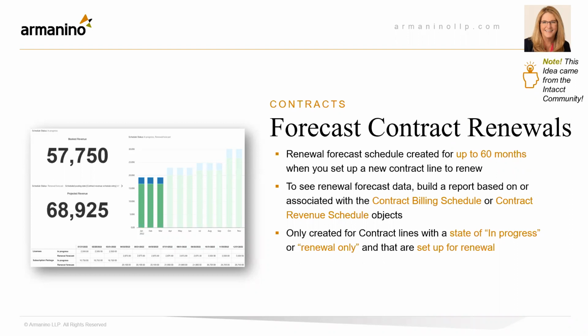To see renewal forecast data, you're going to build a report based on or associated with the contract billing schedule or contract revenue schedule objects, and only created for contract lines with a state of in progress or renew only that are set up for renewal.